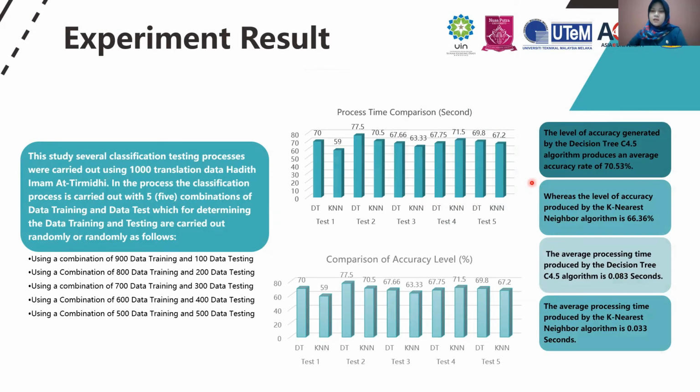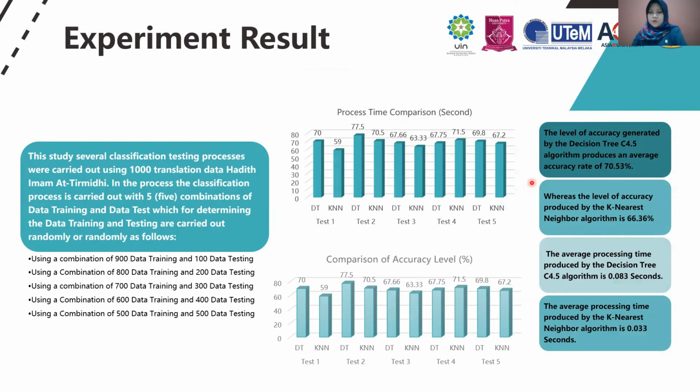It means that decision tree C4.5 is better than k nearest neighbor in classifying the hadith validity.